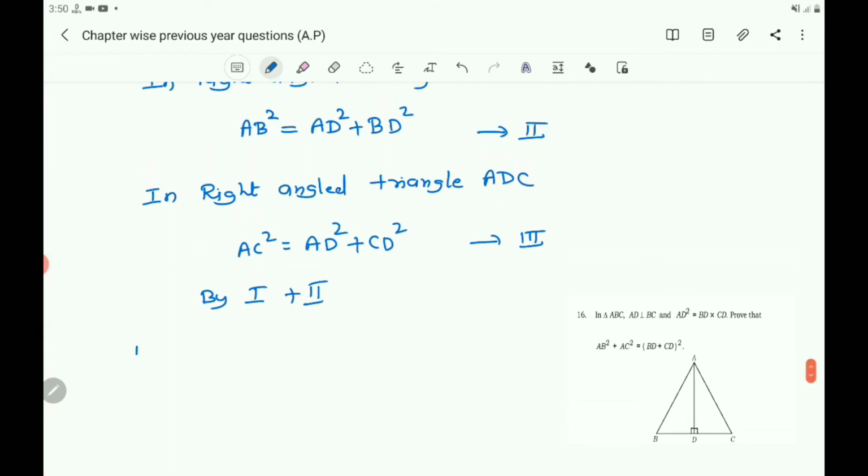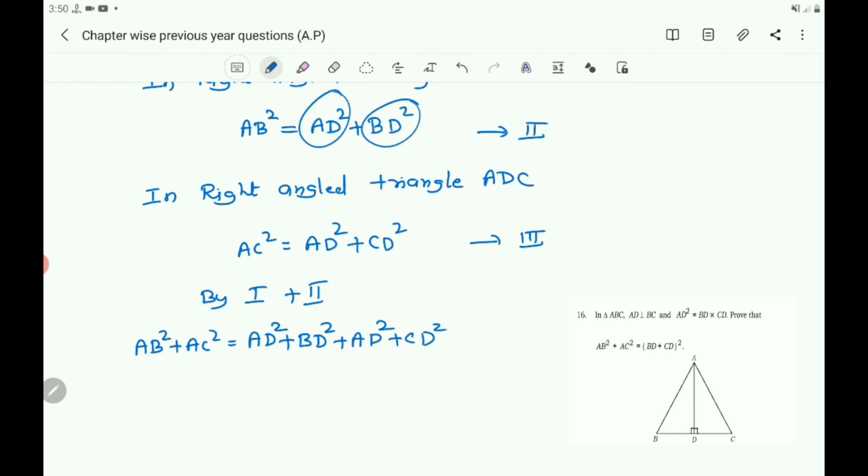Add LHS to the LHS: AB square plus AC square equals AD square plus BD square plus AD square plus CD square. Add RHS to the RHS.